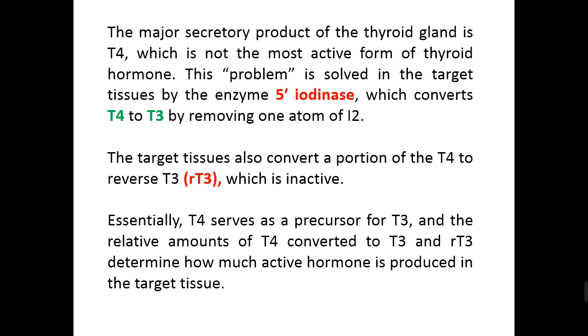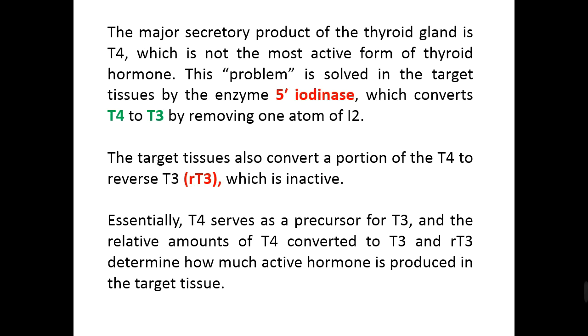The major secretory product of the thyroid gland is T4, which is not the most active form of thyroid hormone. This problem is solved in the target tissue by the enzyme 5-iodinase, which converts T4 into T3 by removing one atom of iodine.